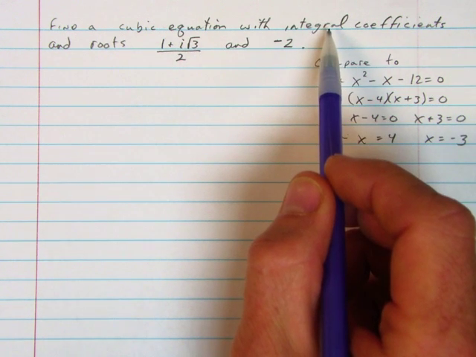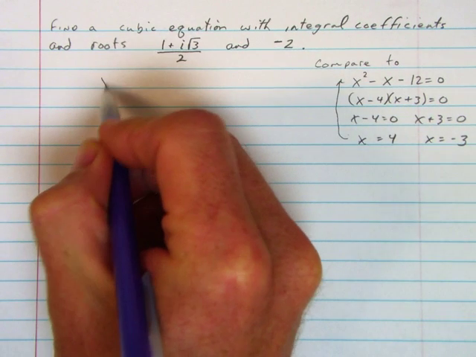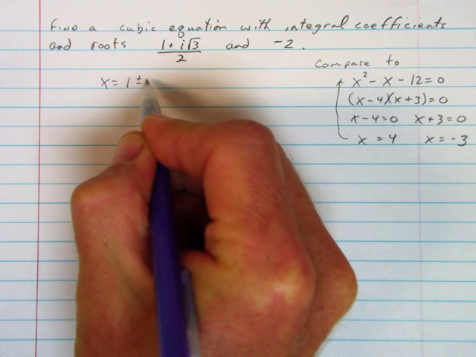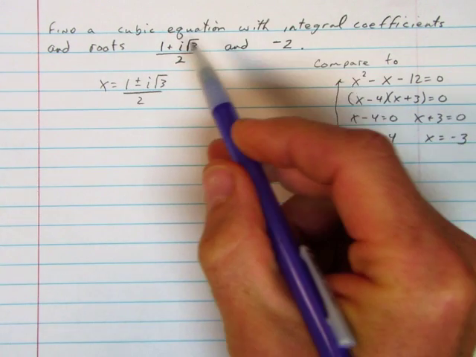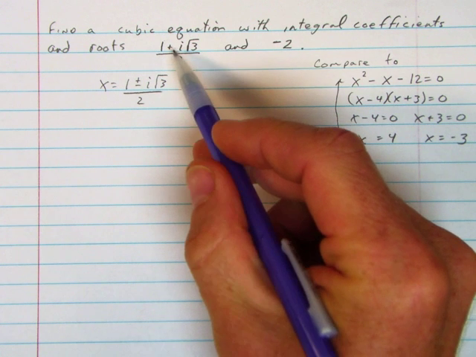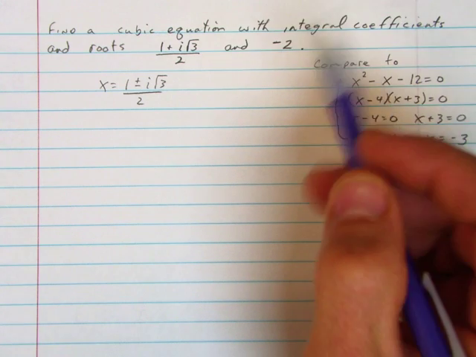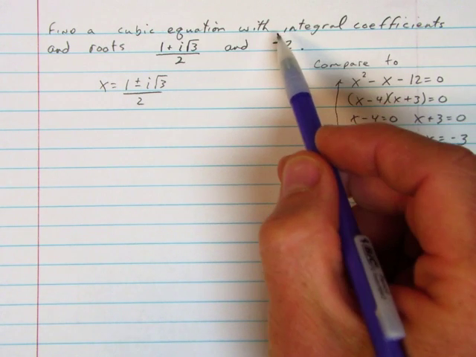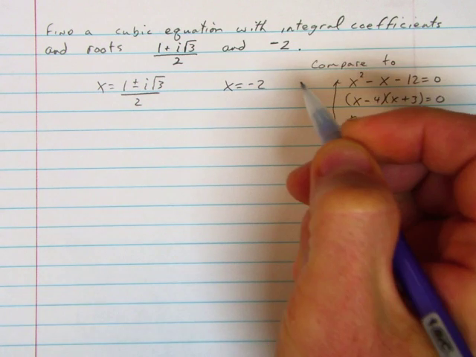Now are integers real numbers? Yes, they are, so we can apply that. This means that x equals 1 plus or minus i root 3 over 2. Remember, complex numbers always come in pairs, 1 plus that and 1 minus that, assuming our coefficients in the polynomial are real. And we're also given x equals negative 2.